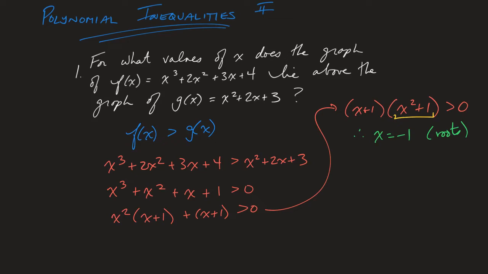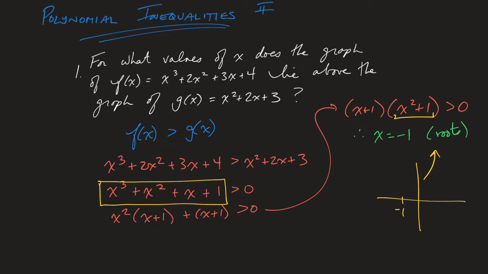And so now we have a quick set of axes. We know that we only have this one root at -1. Now, if we put everything together that we have at our disposal, that original function has a positive leading term, which tells you that it goes off to the right forever and up.